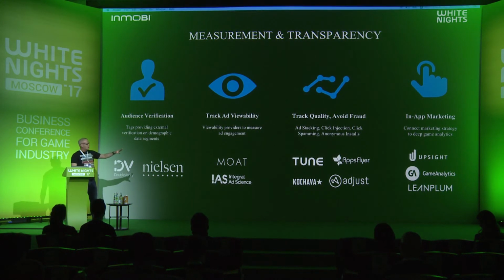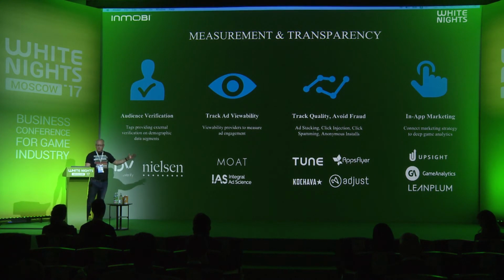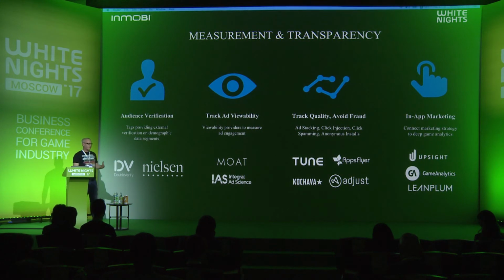I think probably there's been a session on this already today, but avoiding fraud is another big topic that's come up in the past year or two. A lot of the tracking and attribution partners, Tune, AppsFlyer, Adjust, Kochava, all have their own fraud prevention tools that are now available for you.